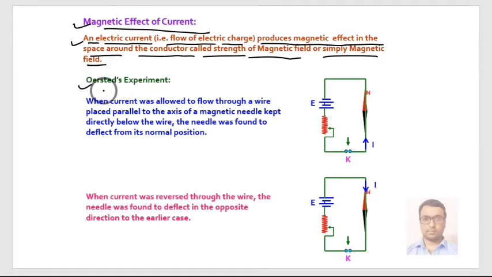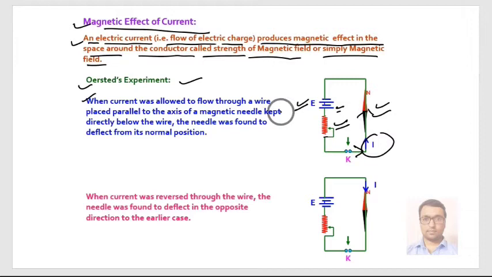And one more thing we have, that is Oersted experiment. What was that experiment? One cell was connected in this way, and one resistor was connected in series with this cell, and then some amount of current, capital I, flows in this manner.